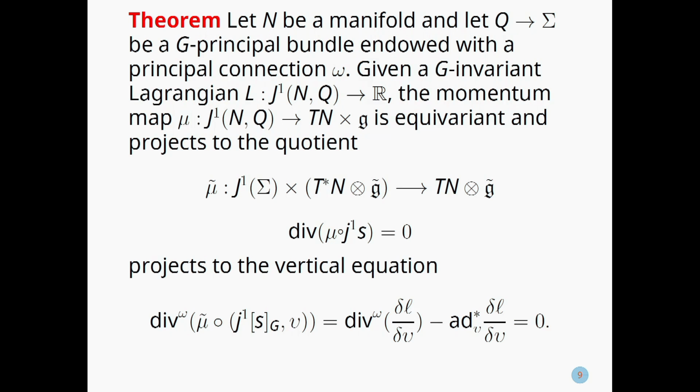Okay, so this map, if the Lagrangian is invariant, this map is equivariant. Invariant and equivariant is a word that sometimes confuses me. I mean, it's the same. The thing is that if the group acts here, the group is going to act here, and the map is consistent with respect to these two actions. That's equivariance, right? So once you have equivariance, you can define a new function in the quotient.